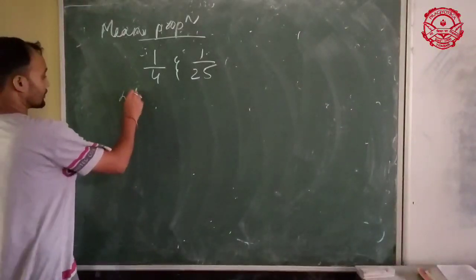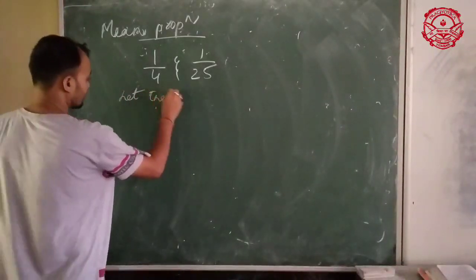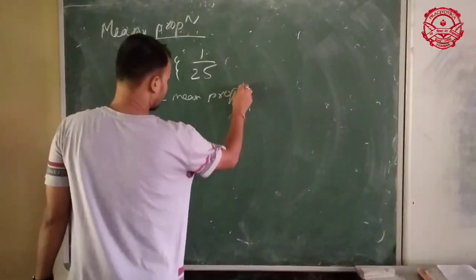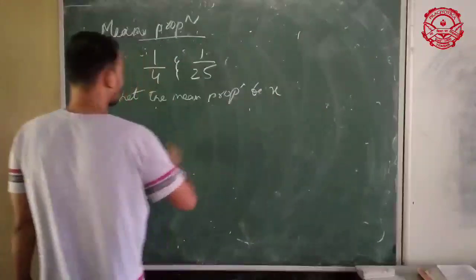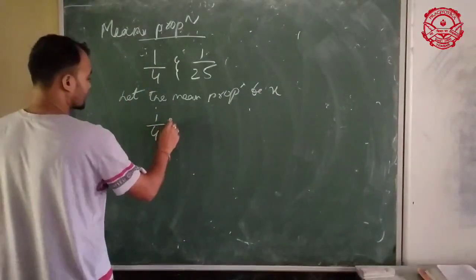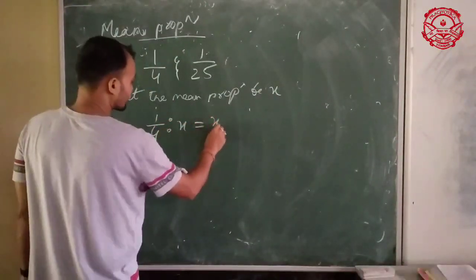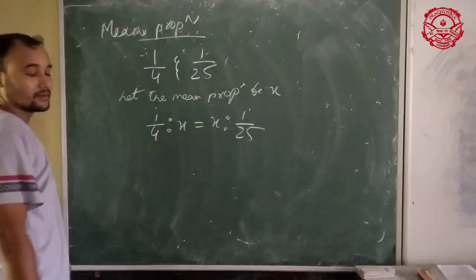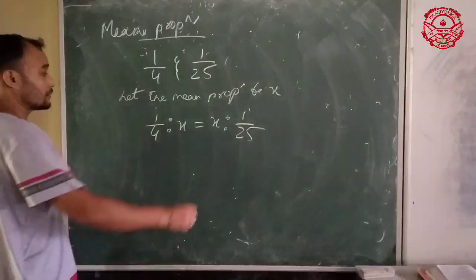Let the mean proportion be x. So 1 by 4 is to x equal to x is to 1 by 25. This is the mean. Or you can do it like this.